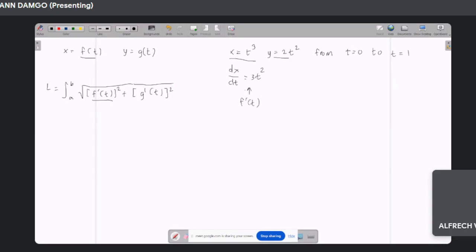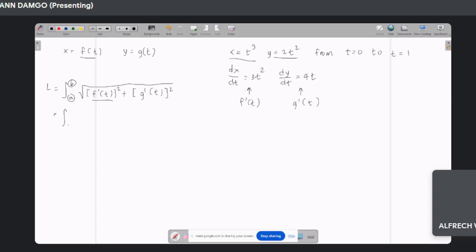Okay? So now, we find the derivative of y with respect to t. So we have dy dt is equal to, so we have 4t. Okay? So this is our g prime of t. So substitute, we have ang A to B, so maoning restriction from t equals 0 to t equals 1.